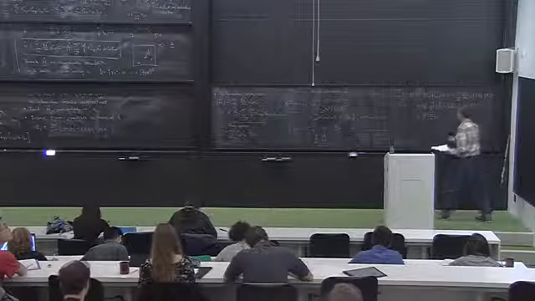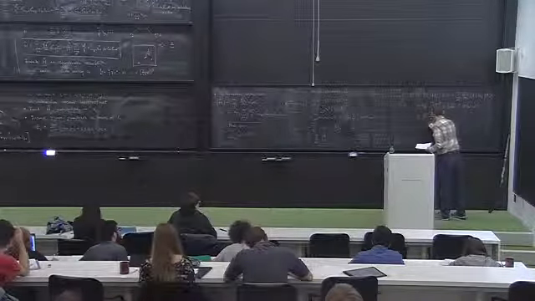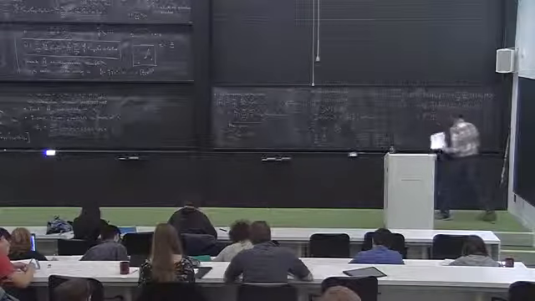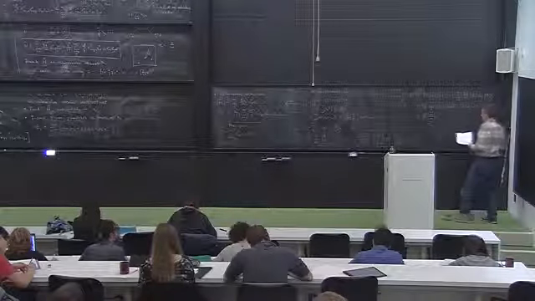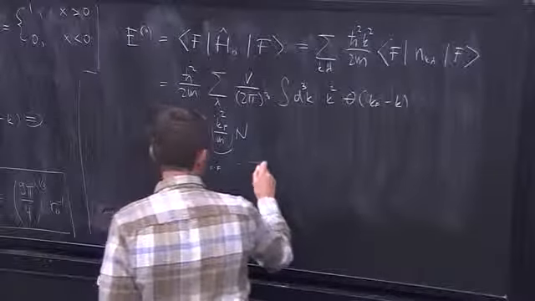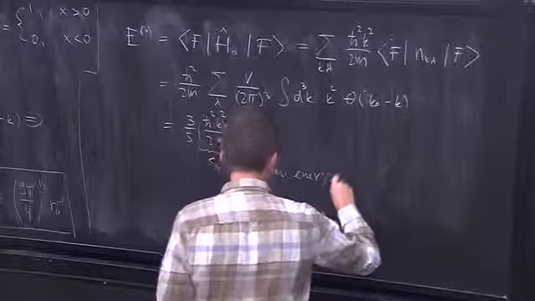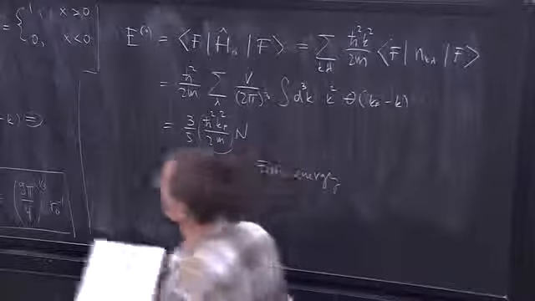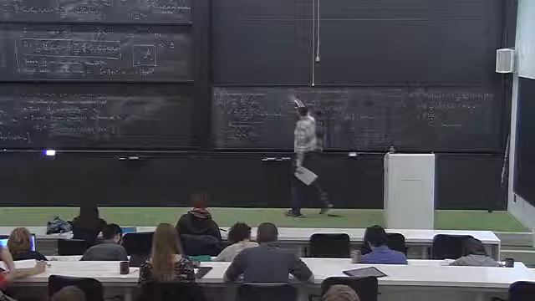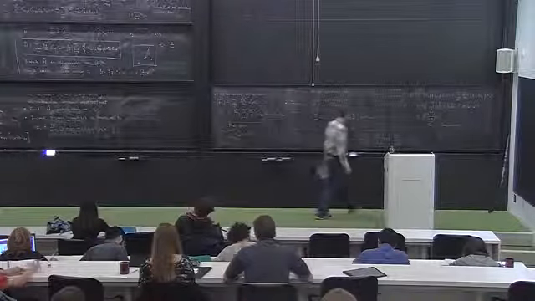I recognize this combination as the Fermi energy, which is defined as the energy of the most energetic electron right at the Fermi surface.